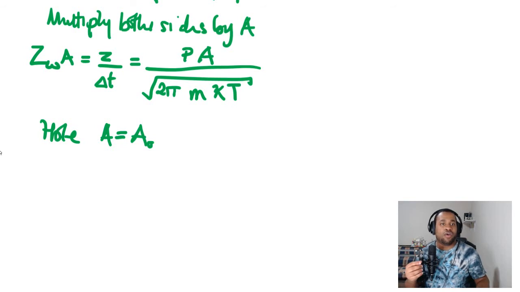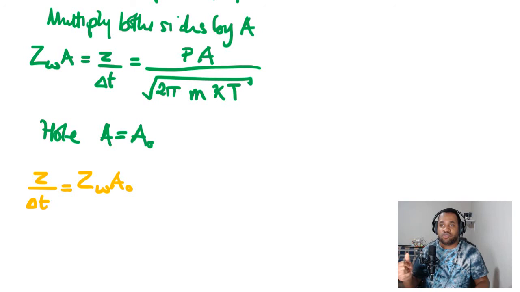So therefore, our new expression will now be Z, which is the collision frequency over the change in time, is equal to collision flux multiplied by the area, specifically the hole, or you can just introduce it as A. I will erase that. Let's just make it A0, naught.